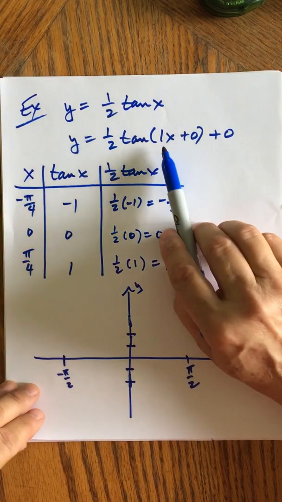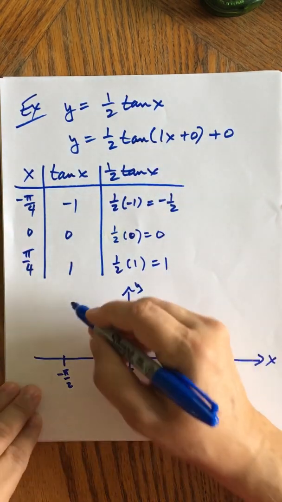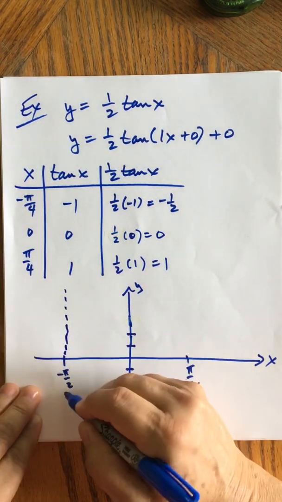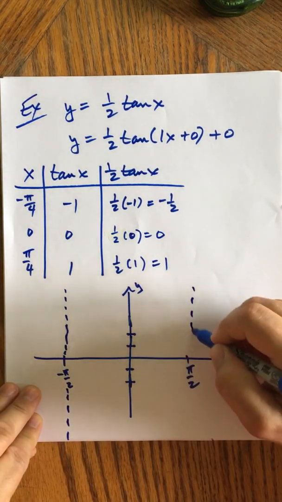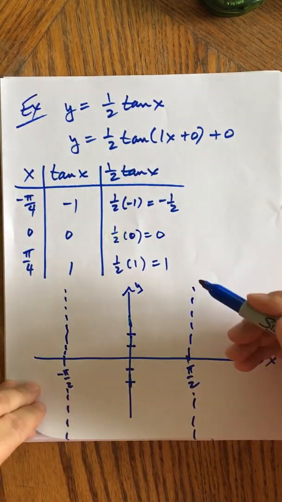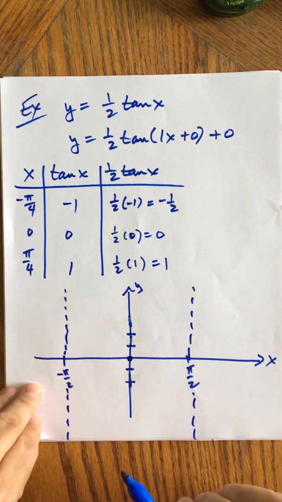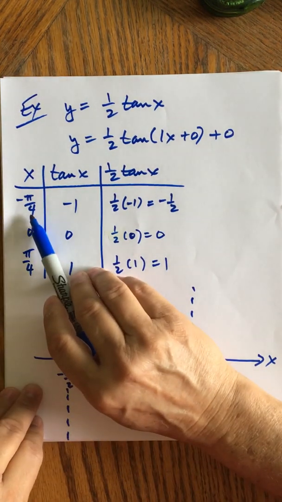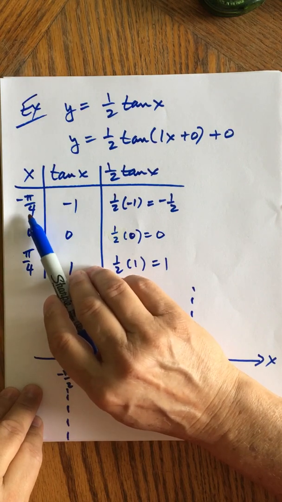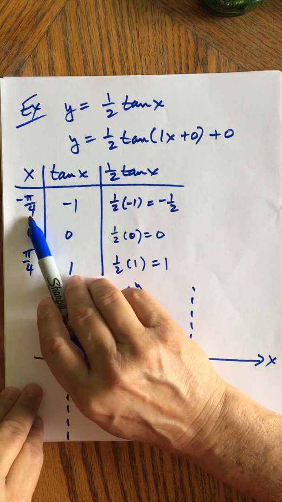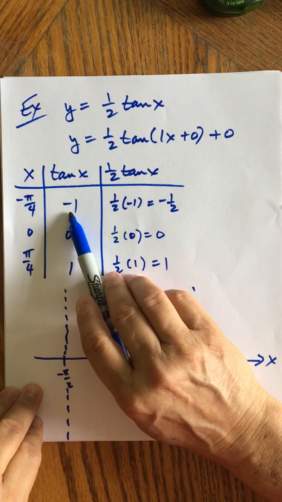All right, so again, we have no horizontal changes, so your asymptotes are still at negative pi over 2 and pi over 2. And you're still going to go here through the anchor point if you will, over 0, 0. But now what happens is when you put in your familiar anchor values, negative pi over 4, you know the tangent of negative pi over 4 is negative 1.